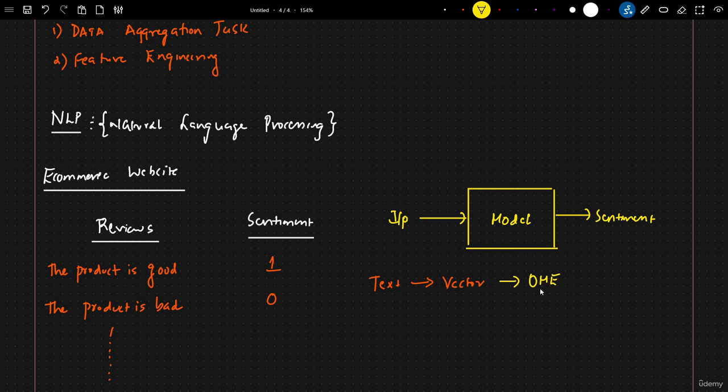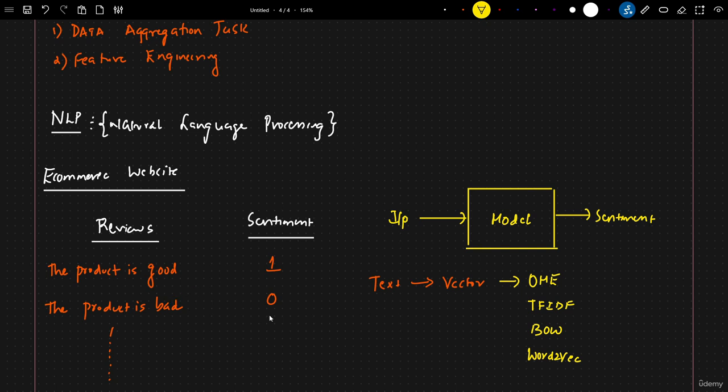In NLP, we have these techniques: one-hot encoding, TF-IDF, bag of words, and word2vec. These techniques convert specific words into vectors.